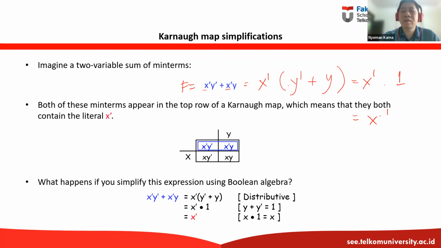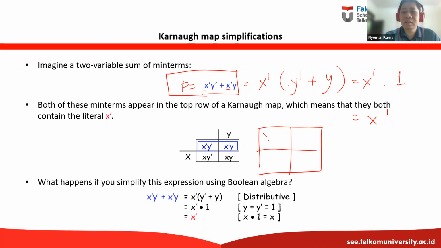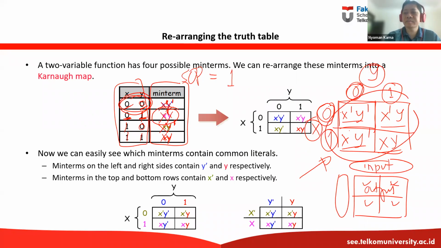Now, let's try to map this function in K-map. Remember, this is x naught, y naught, and then this one is x naught, y. This one is x, y naught, and then this one is xy.